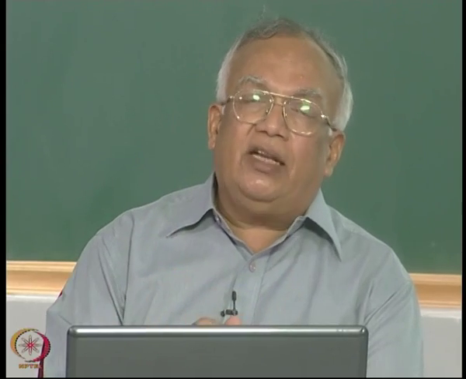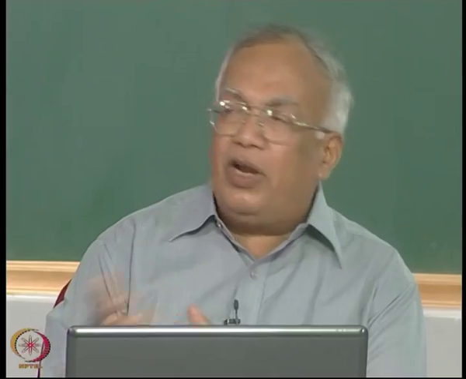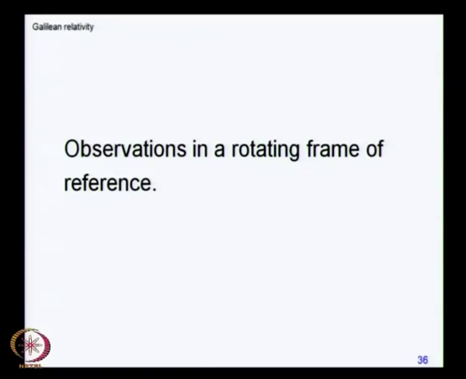Does causality survive? Can this be modified? Can we reintroduce causal relationships in such a frame of reference? And this is the question that we are going to take up in today's class.